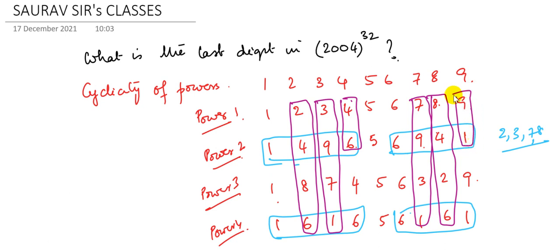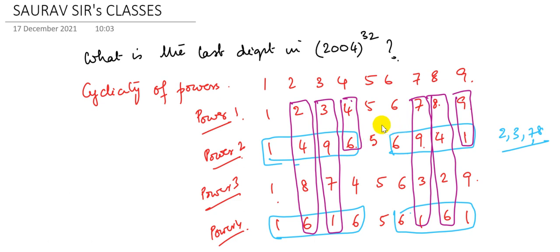Yes. This is called the cyclicity of power. Now if you go to power 5, then again you will get back 1 2 3 4 5 6 7 8 9. So that means 2, 3, 7 and 8 repeat in a cycle of 4, and 4 and 9 repeat in a cycle of 2.